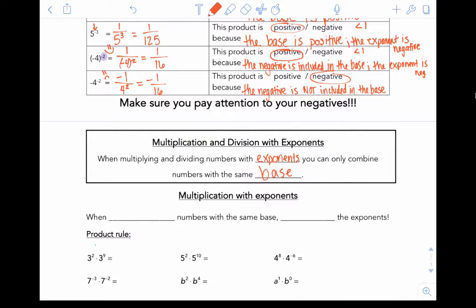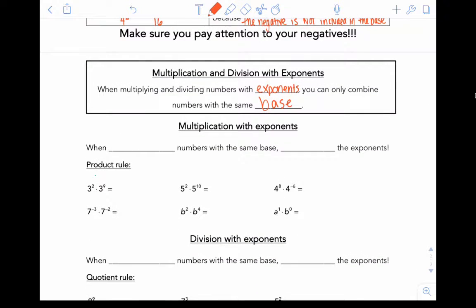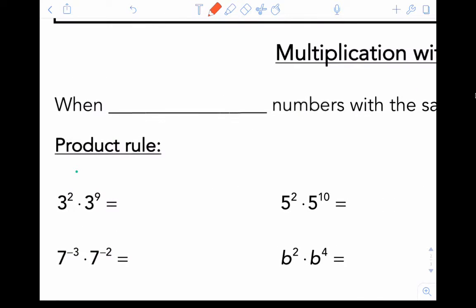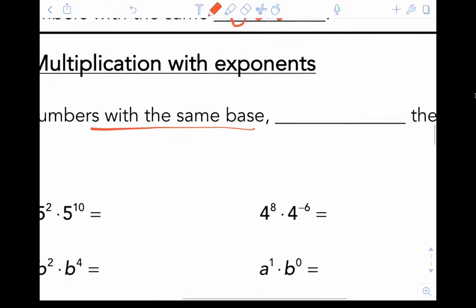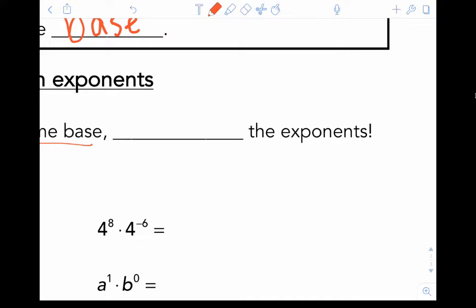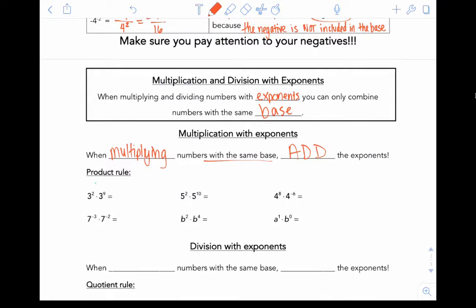Now, when you're multiplying numbers with the same base, it's weird, but you're actually going to add the exponents.